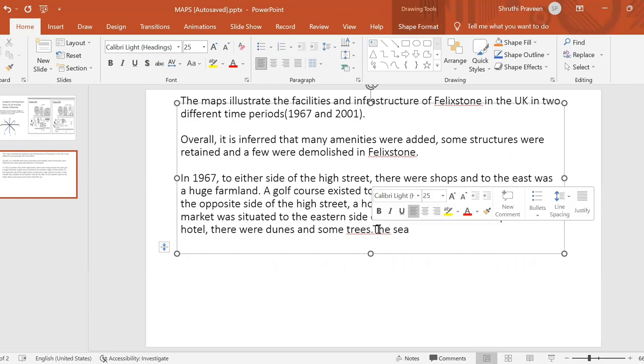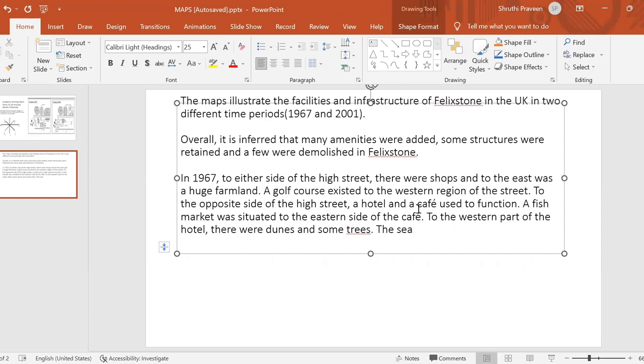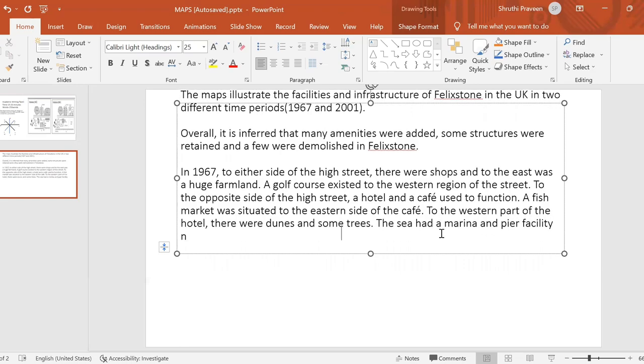To show the direction of the sea from the hotel and the cafe. It is below. The sea below had a marina and pier facility near to it. There was a building in front of the sea as well.